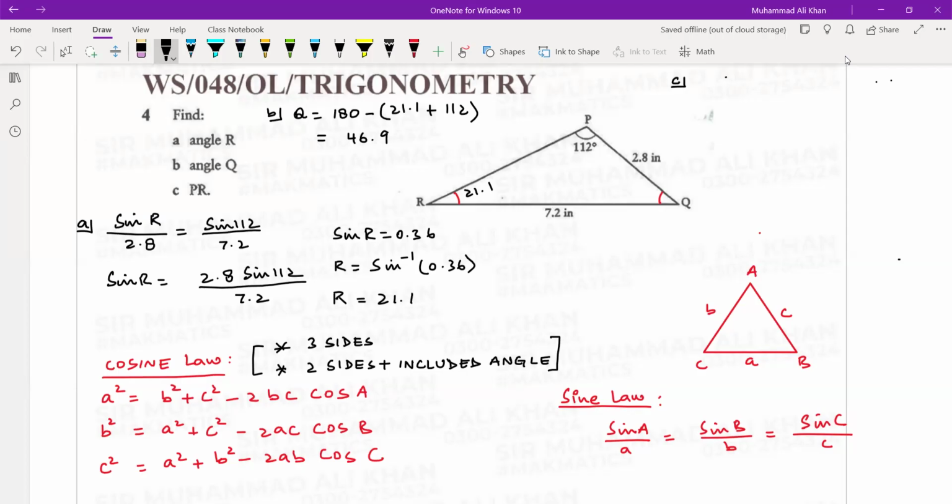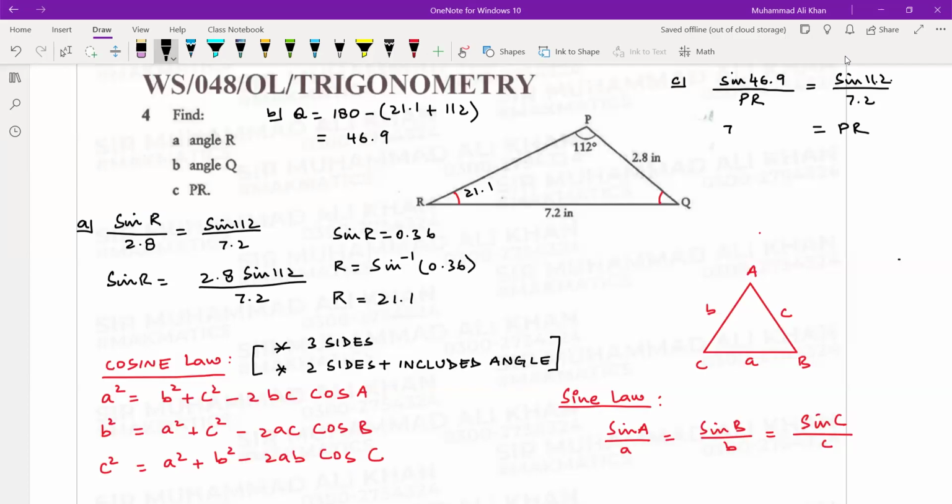So now, can I say that sine Q, and what is Q? 46.9 divided by PR, the opposite side, equals sine 112 divided by 7.2. Now, if we have to calculate PR, cross multiply.